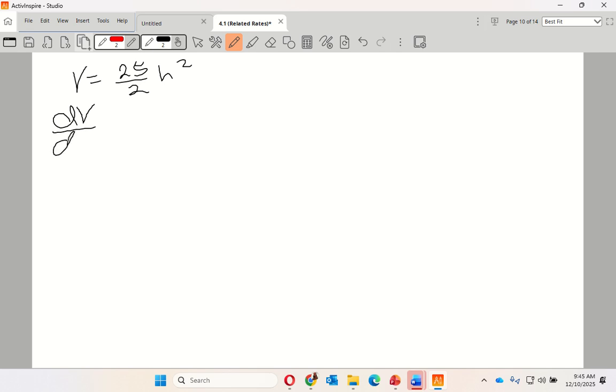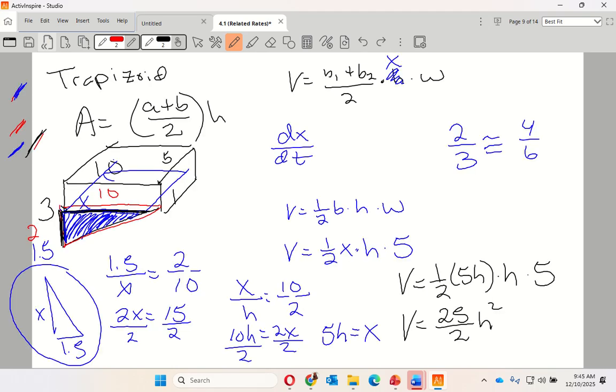The derivative of the volume with respect to time is 25h, and dh/dt is what we're solving for.